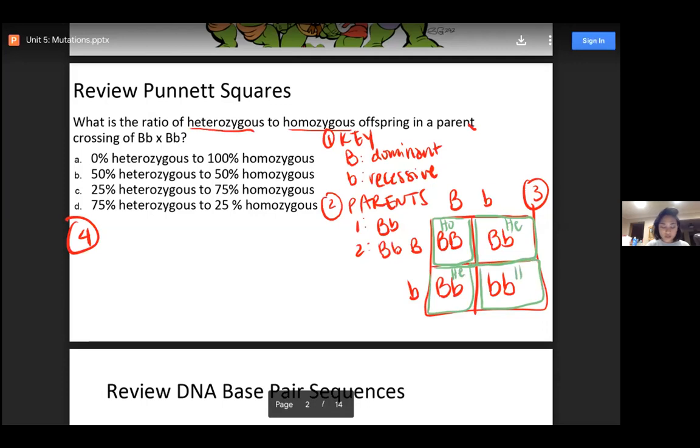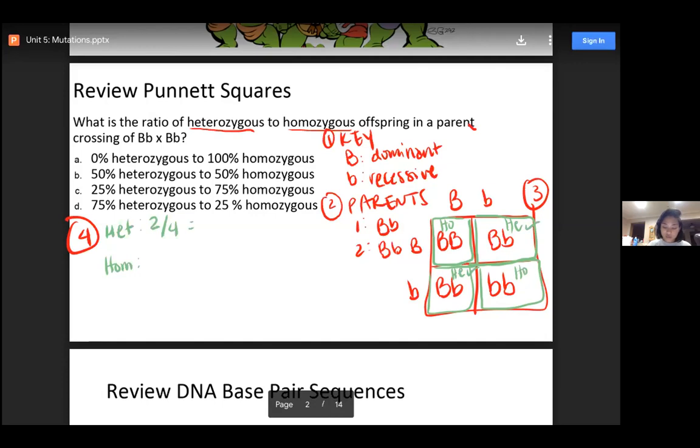also homozygous. So we have to do 2 ratios here because they're asking for heterozygous and homozygous. Heterozygous, we have 2 out of 4 squares. We can figure out the percentage later.